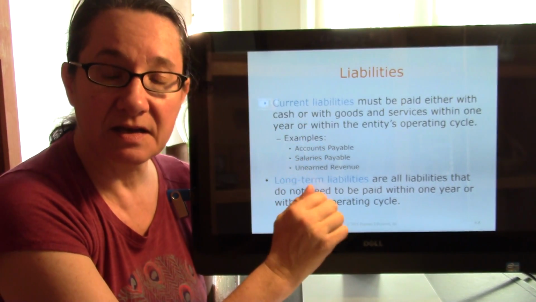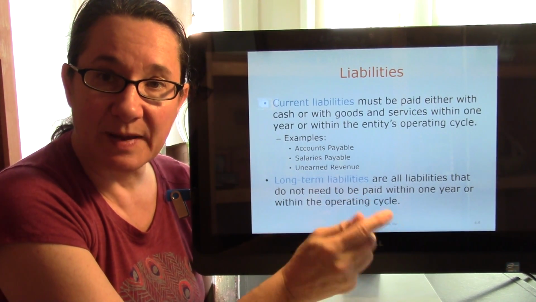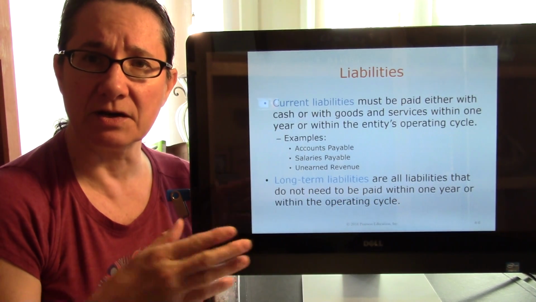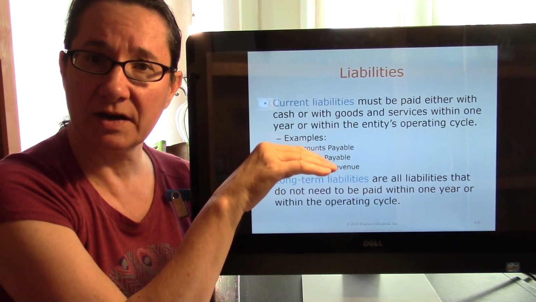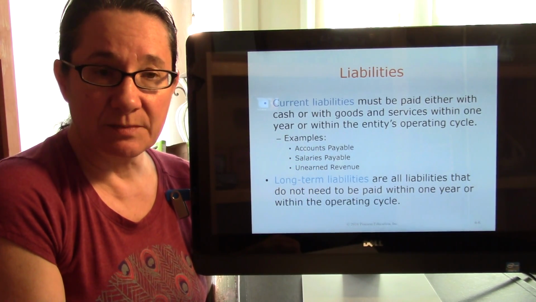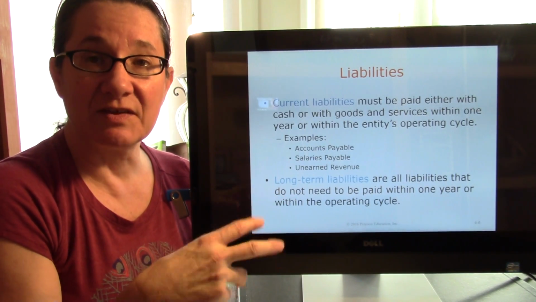So typically, you'll have some accounts payable, maybe some wages payable, some taxes payable, some interest payable, things you'll be paying off within the year. Those are going to go in the category current liabilities. And then maybe the company will have some longer term ones, like they've issued bonds, they've given a mortgage, right?